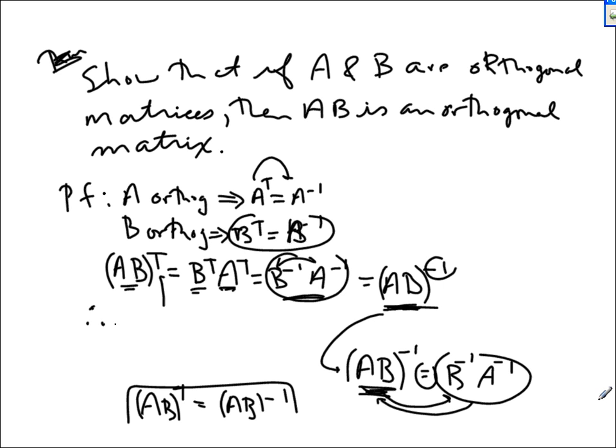Therefore, AB is an orthogonal matrix. That completes that proof. Okay, have fun with these. But before you can have fun, you have to know the definitions. If you don't know the definitions and the theorems and the properties, this is painful.